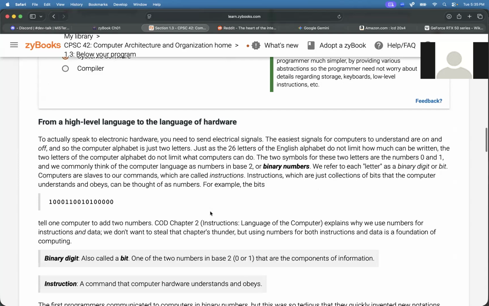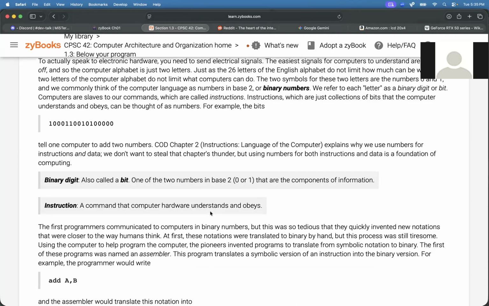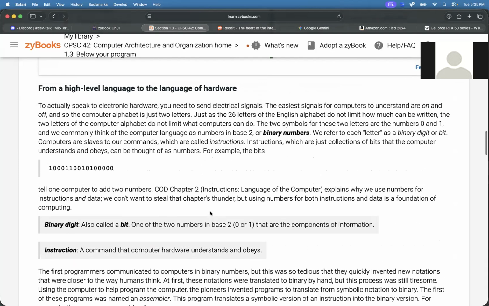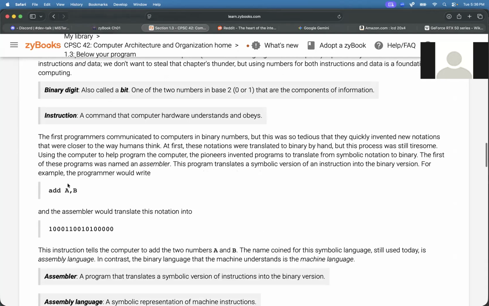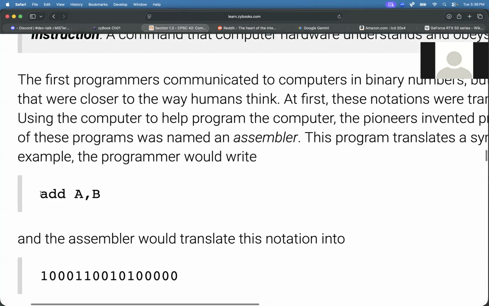All right. We're going to be doing MIPS assembly language programming later on in this class. And when you're writing assembly language programs, the instructions are going to look something like this, like add A B. It won't actually be that.